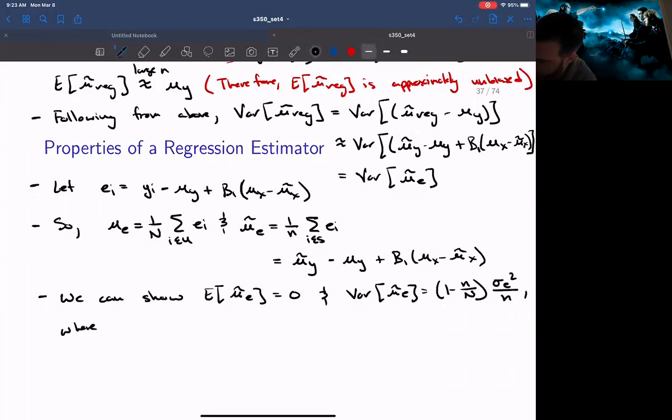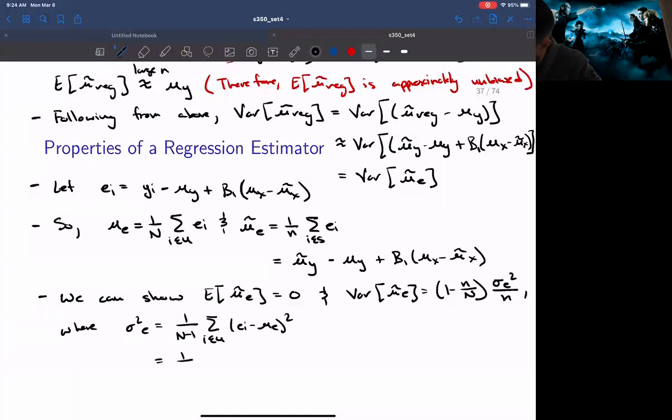So we would have sigma squared e is equal to 1 over capital N minus 1, times the sum over i in U of each residual minus its mean, squared.